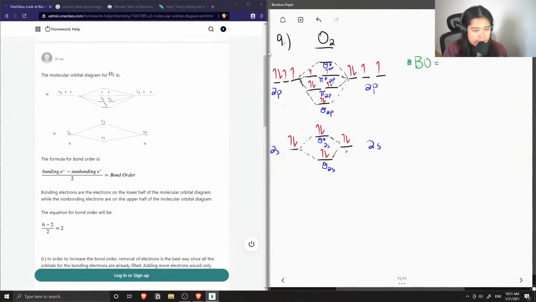Bond order is equal to the number of bonding electrons minus the number of anti-bonding electrons, divided by 2.